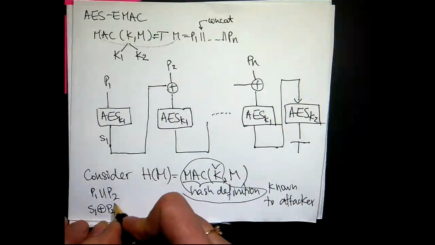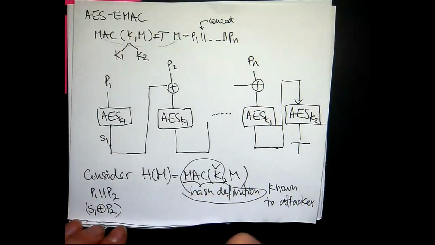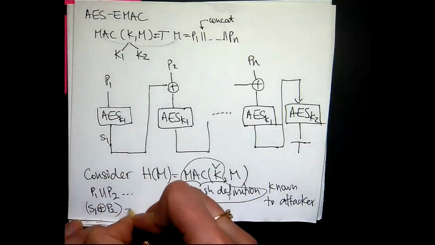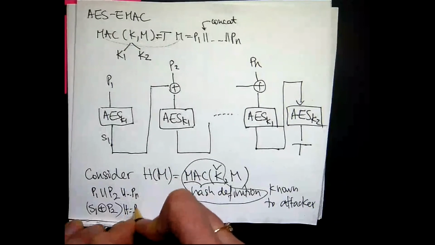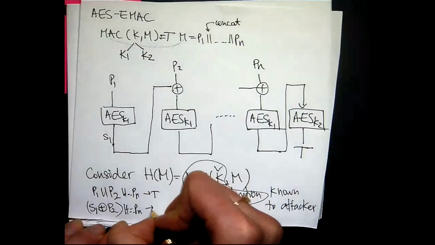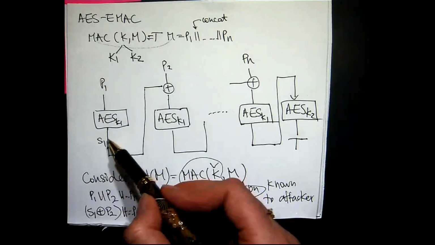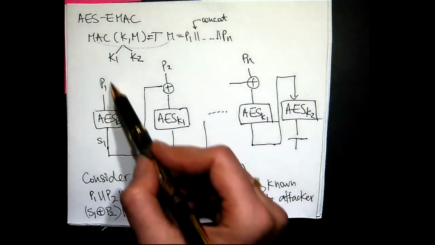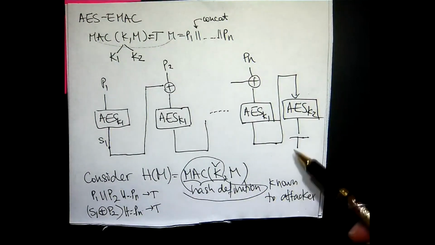This is a one block message, and this is a two block message. They both lead to the same T, and then you can have the rest of the blocks. If the attacker has the key K, they can compute S1 because S1 is just the block cipher applied to P1, and you can check that these two messages lead to the same tag T. So essentially, the attacker found a collision.